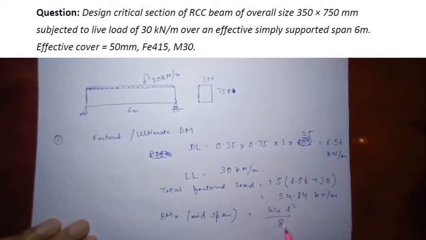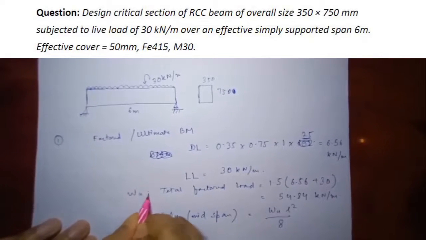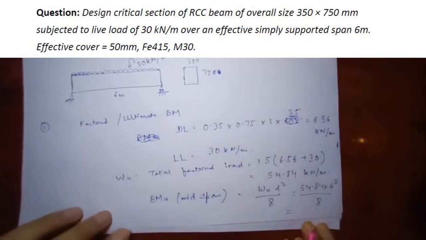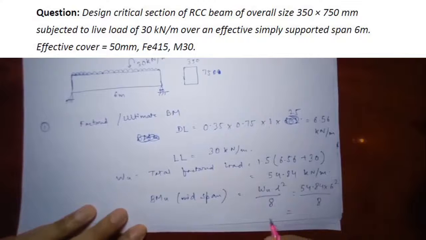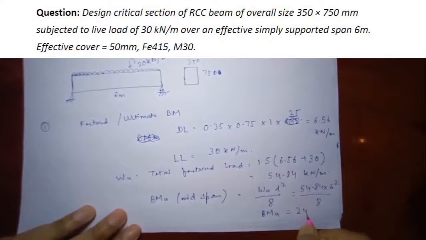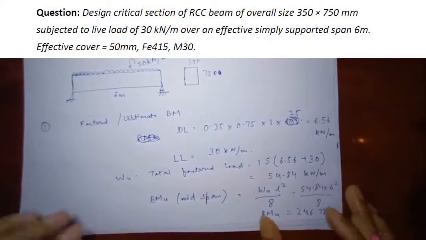Our Wu is nothing but our total factored load, and L is our 6 meter, so 54.84 multiplied by 6 square upon 8, and therefore BMu is equal to 246.78 kilonewton meter. This is our ultimate bending moment.